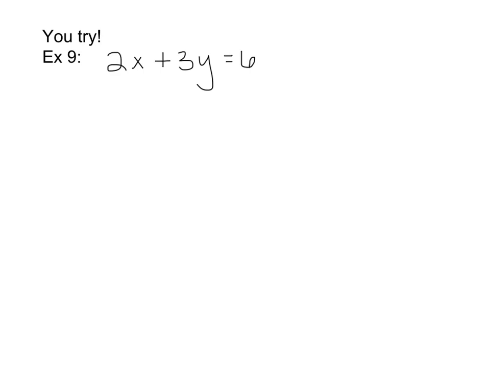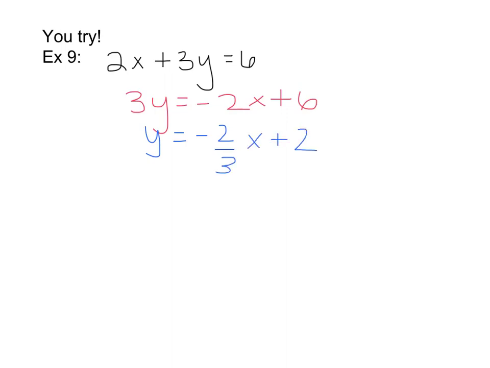So press pause right now, and I want you to graph 2x plus 3y equals 6. First, I need to get it in my slope-intercept form, so I'm going to subtract 2x. And then I need to get rid of my 3, so I'm going to divide everything by 3. Alright, now that I have that, I'm going to start my graph.